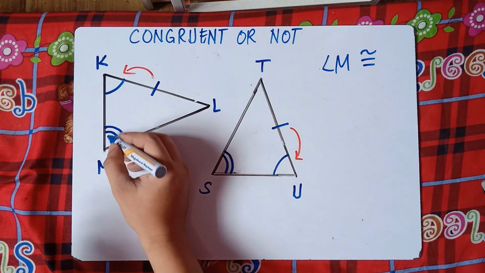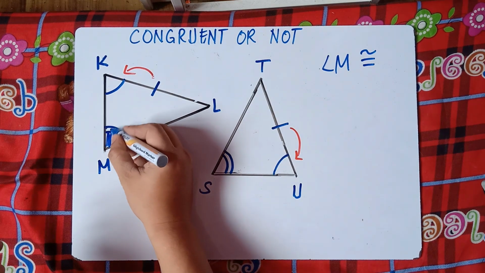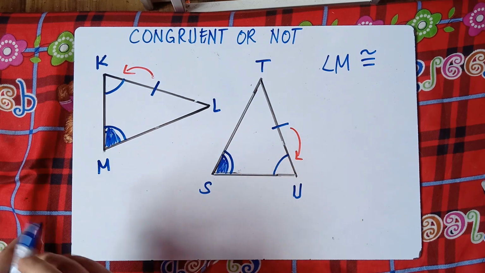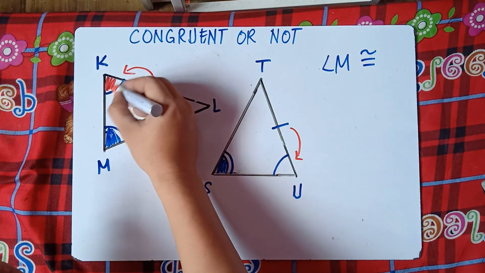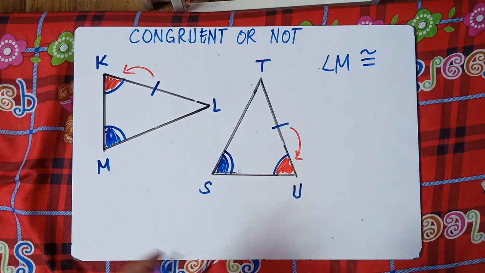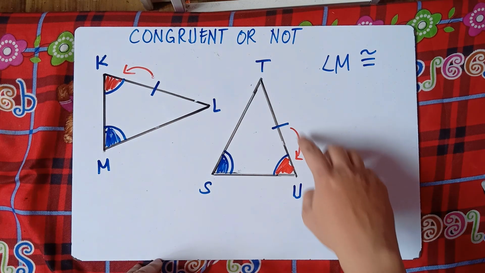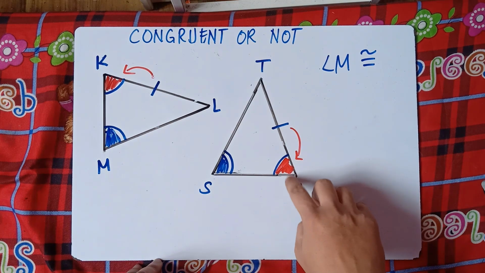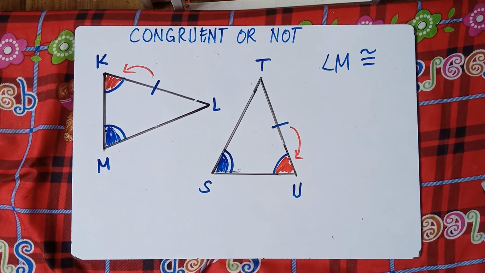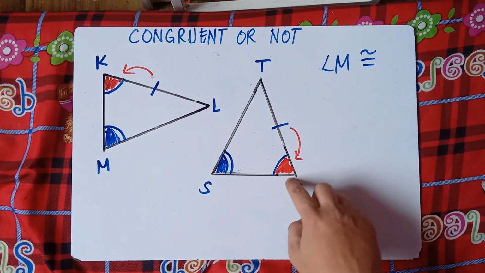If you label this one with color blue, so this is color blue, and this marking is color red. So check, class, the non-included side, as I told you a while ago, is next to this given angle red. But for you to easily check with regards to the non-included side, just check the marking, class.